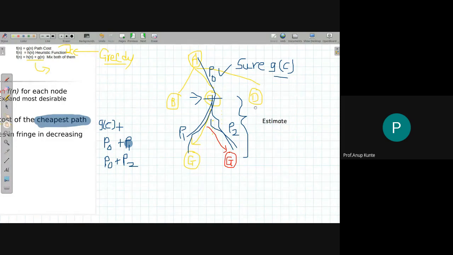And thus, since you have based your actions completely on the estimations, you might fail to get the optimal solution.